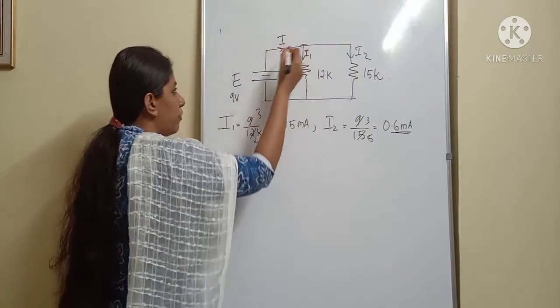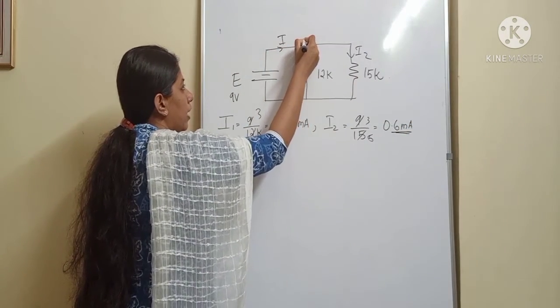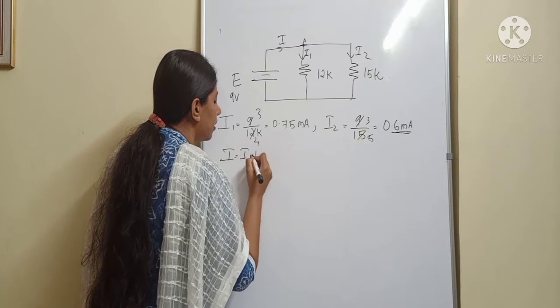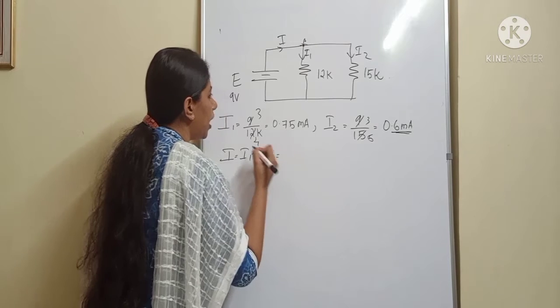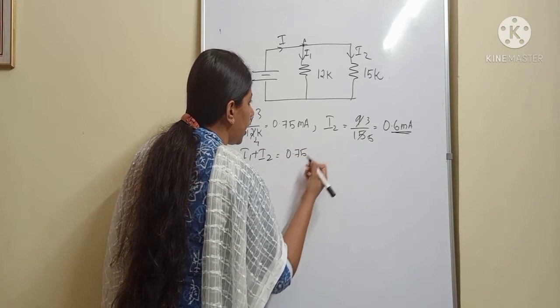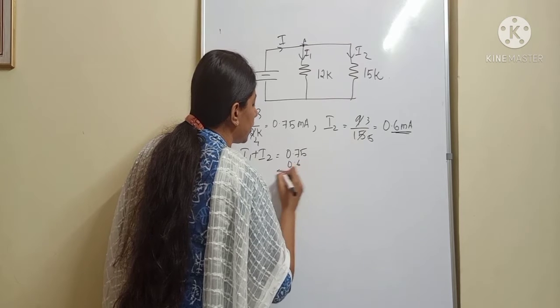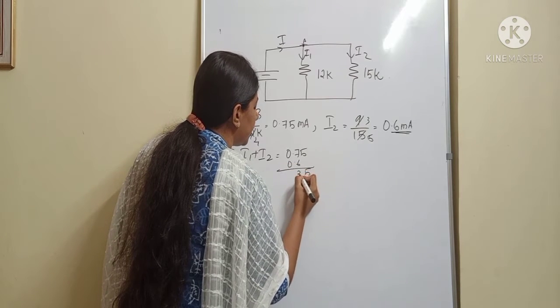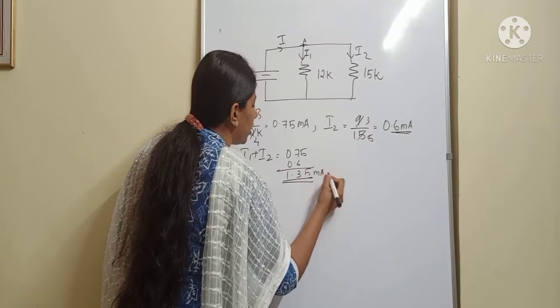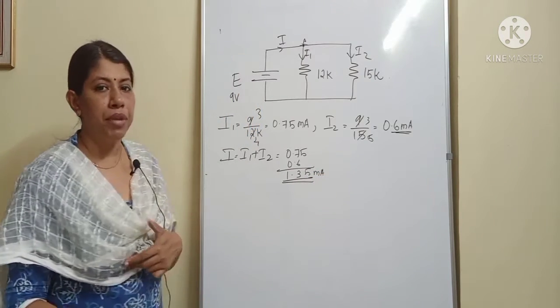Now, if you apply KCL at point A, you will get I = I1 + I2. I1 is 0.75 and I2 is 0.6, so we get 1.35 milliampere. The total current is 1.35 milliampere.